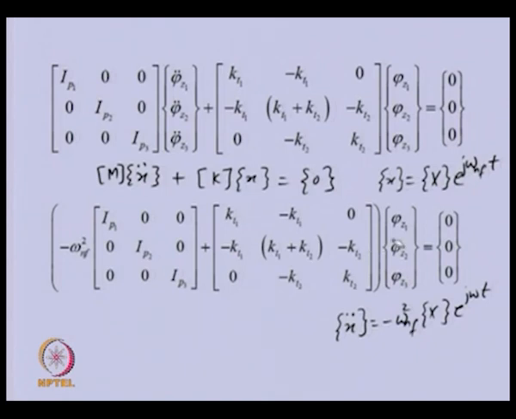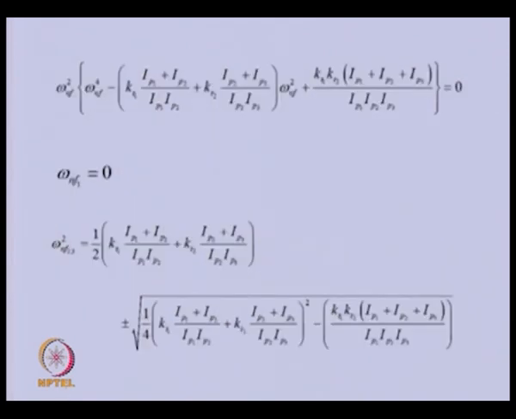Now you can see this is a homogeneous equation, and one solution is that all the displacements are 0. In that particular case, motion is not taking place, so we are not interested in such analysis. For a non-zero value of this displacement, the determinant of this should be 0. That will give a polynomial.